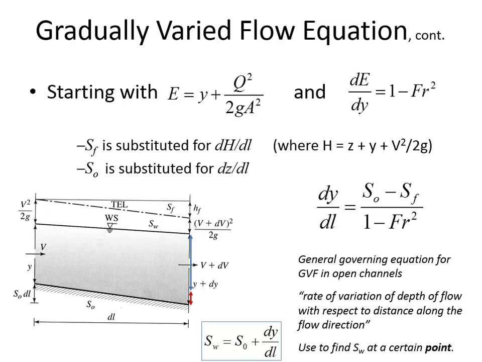I'm interested in, what is the depth at location 2? This is giving me the slope. It's telling me essentially dy/dl. If I know that there's some distance between them, maybe it's 100 meters, can I just multiply 100 meters by this and find out how the depth is going to change? What would be the risk of that approach if I was just going to multiply the distance between location 1 and location 2 by this dy/dl?